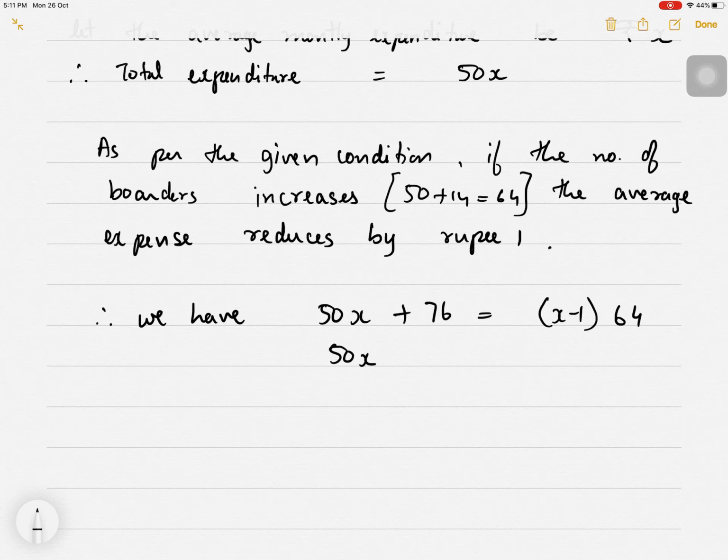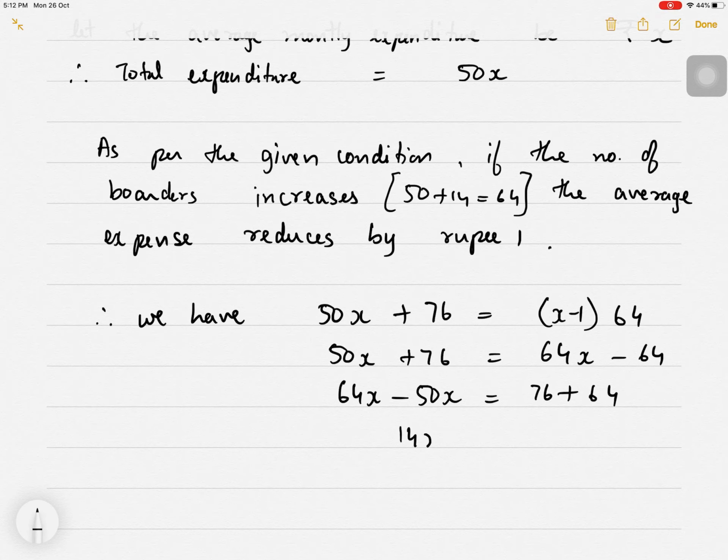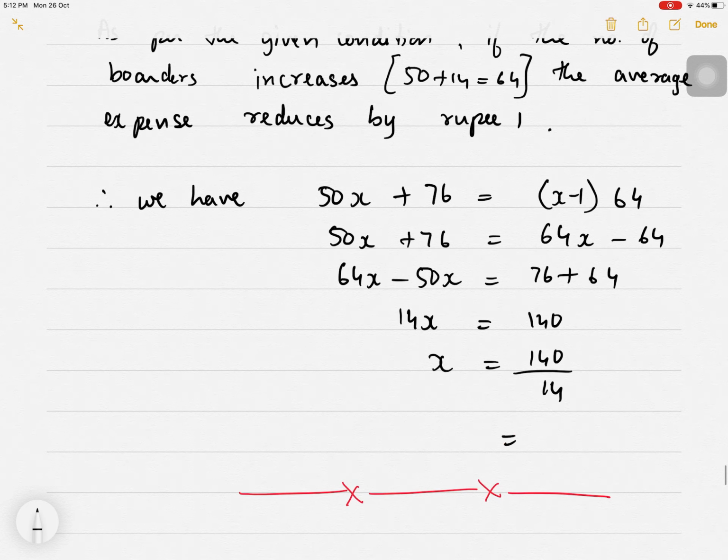So 50x plus 76 is equal to 64x minus 64. 64x minus 50x is equal to 76 plus 64. 14x is equal to 140. x is equal to 140 upon 14. Therefore, x is equal to rupees 10.